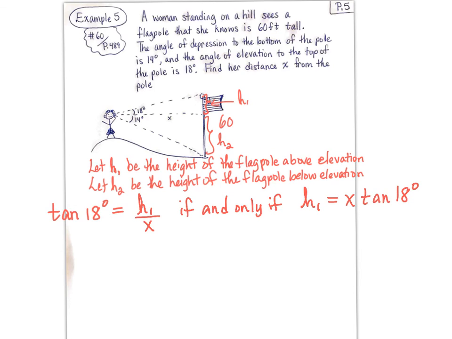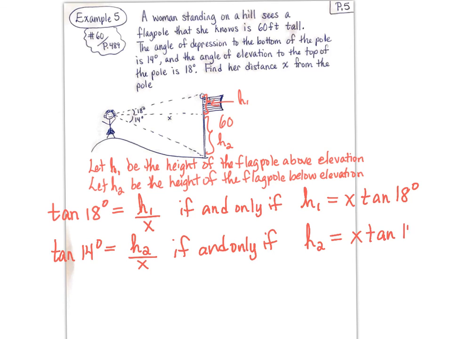Are you with me? Yes or no? Yep. Okay. Similarly, you can say tangent of 14 degrees is what? H2 over X. Good. And that happens if and only if H2 equals X tangent 14. Good.